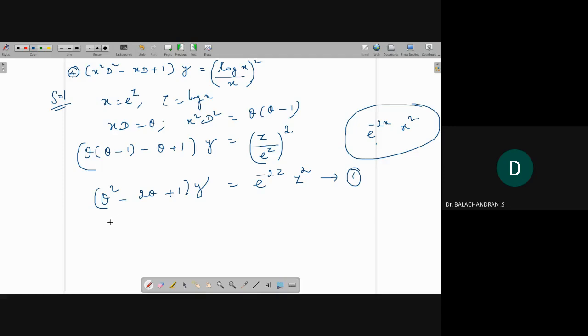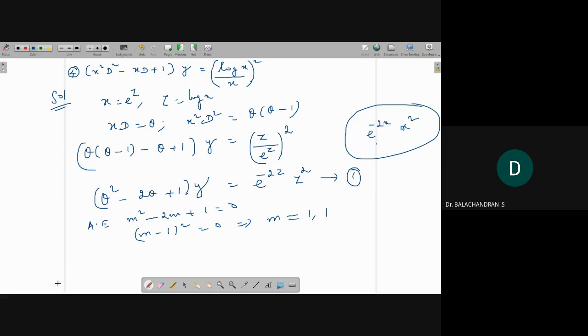Now the auxiliary equation is m square minus 2m plus 1 equal to 0. So that is m minus 1 whole square equal to 0. This implies m equal to 1, 1.